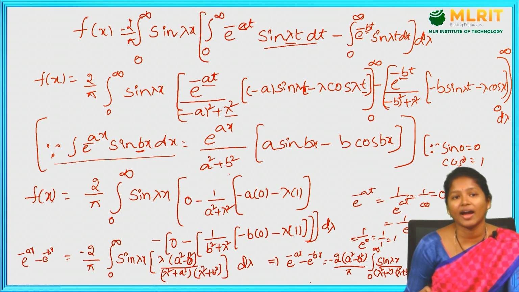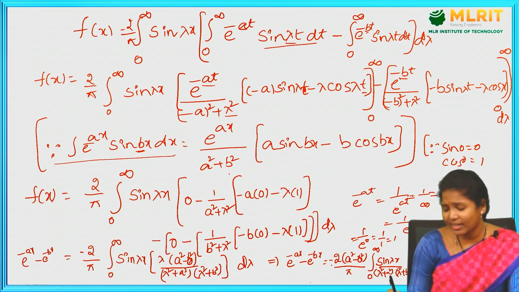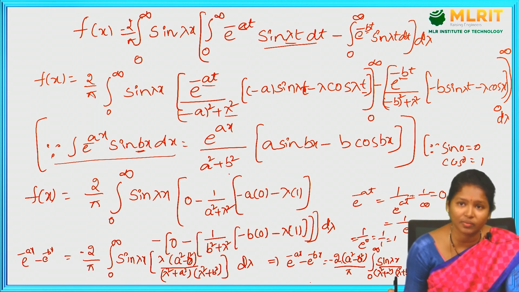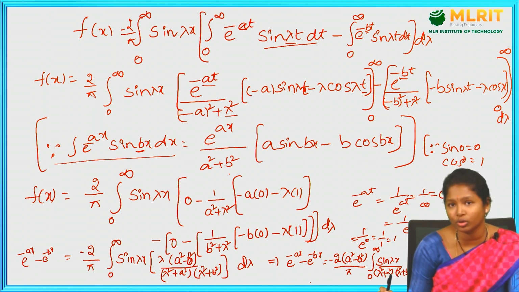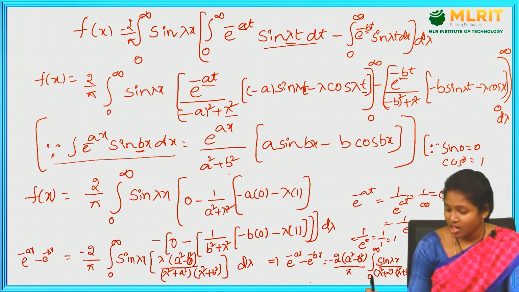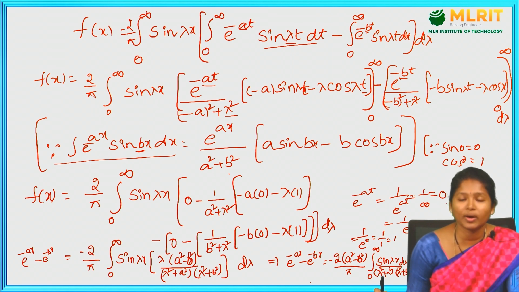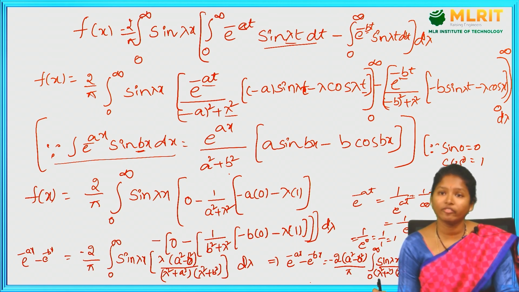I get the final result: e power minus ax minus e power minus bx equal to minus 2 into a square minus b square, which is 2 into b square minus a square, right? So minus 2 into a square minus b square by pi into integral 0 to infinity sin lambda x divided by lambda square plus a square into lambda square plus b square into d lambda. This is the final result.